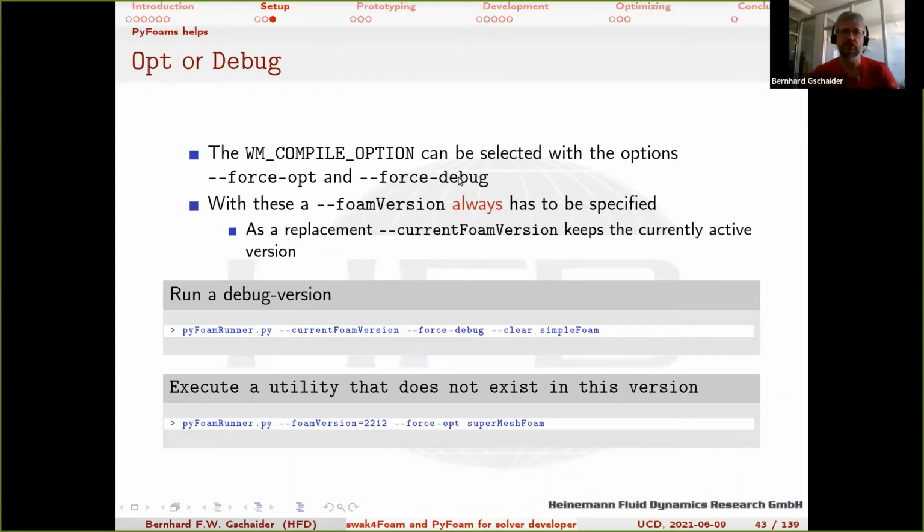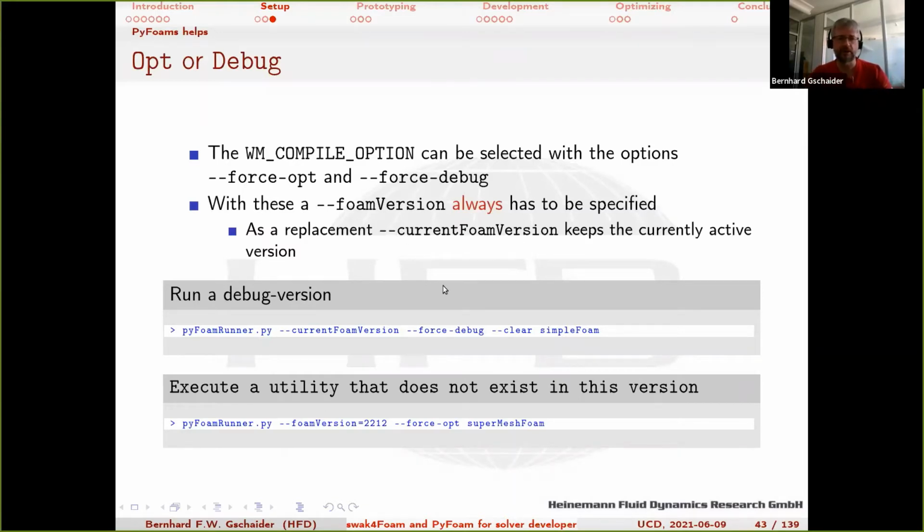But what it's most important for is the force opt and force debug version. With that, you can switch to the proper WM compile option. These options insist that you specify which OpenFOAM version to use. If you don't want to retype, okay, I'm using this one, you can use current foam version.